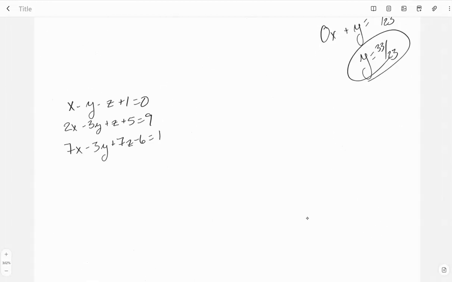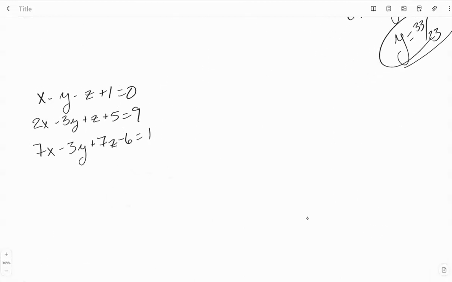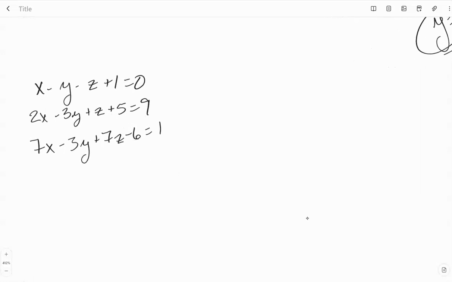Let's do another one. This one has 3 equations and 3 unknowns, but it's not quite written in the form we need it to be in. We need all the numbers to be on one side. So we've got to do some rewriting here. I'm going to have to move this one over. So we're going to have x minus y minus z is equal to -1. Now that's in proper form.